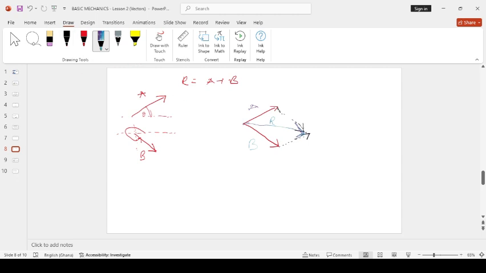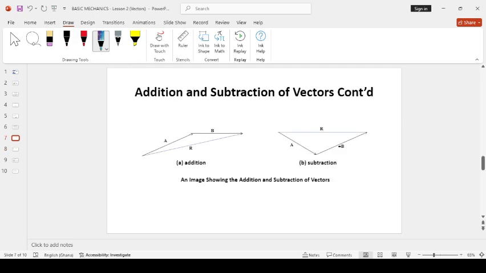All right. So back to this example here. We have vector A here, we have vector B. Then this is the resultant. How did this R become the resultant?